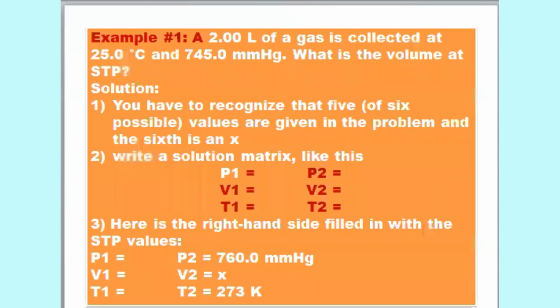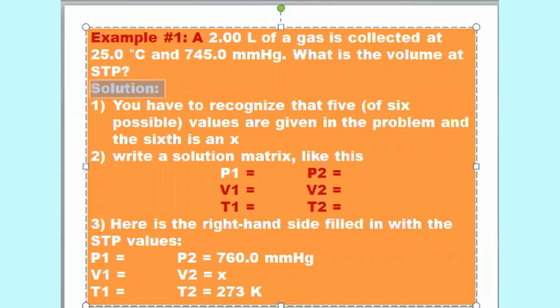Examples about the combined gas law: a 2.00 liter of a gas is collected at 25 degrees Celsius and a pressure of 745 millimeter of mercury. What is the volume at standard temperature and pressure? Here the three variables, temperature, pressure, and volume, vary.